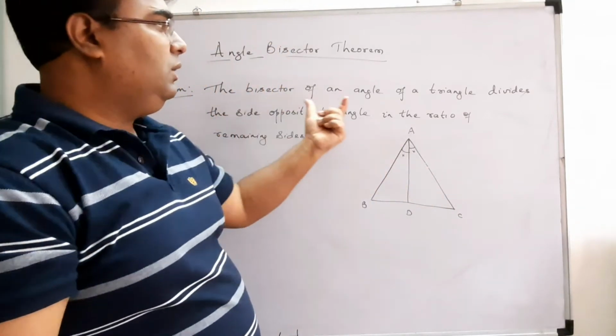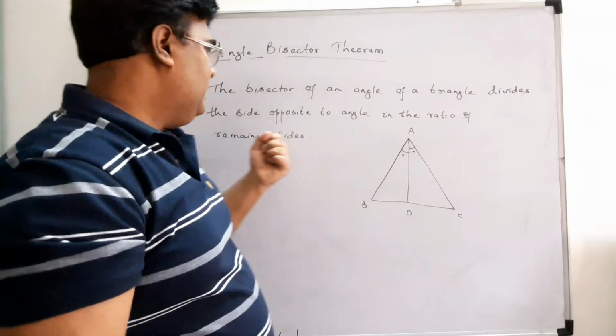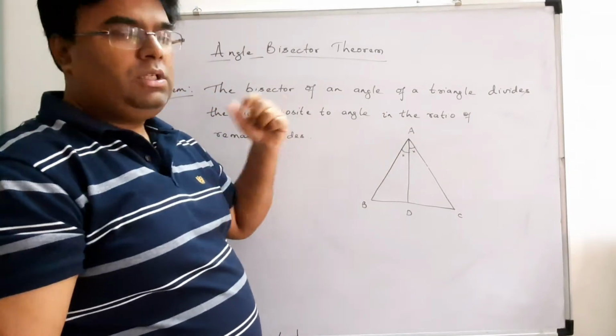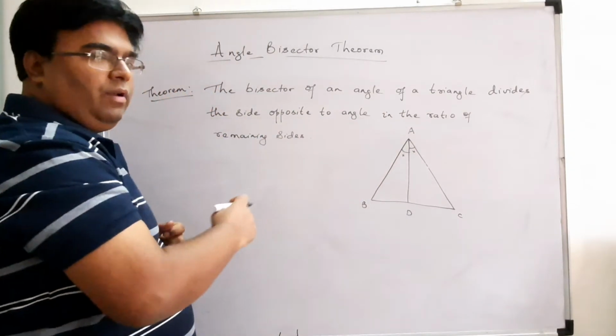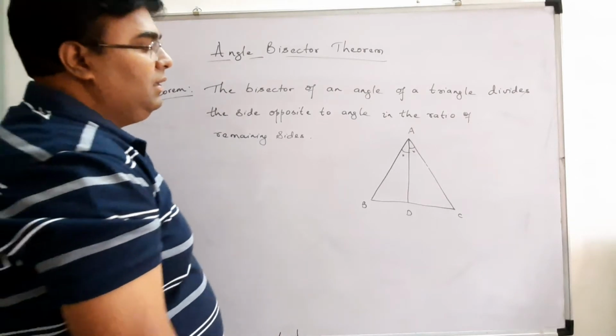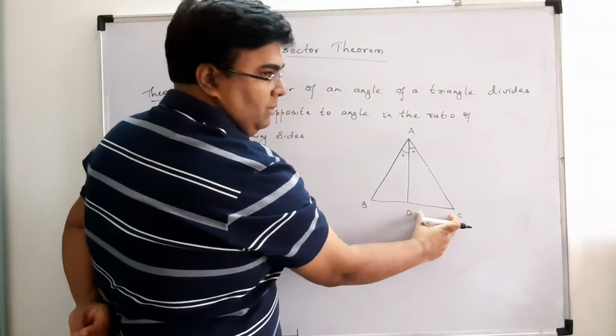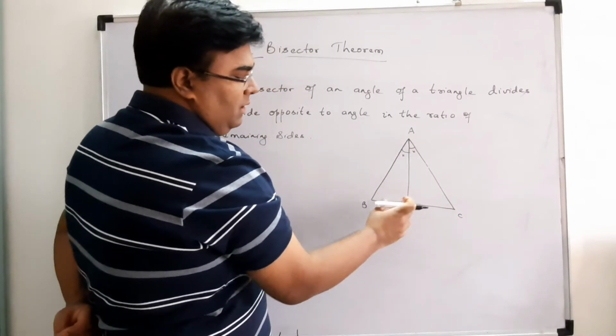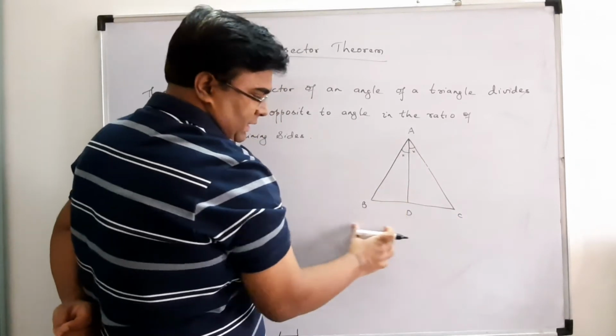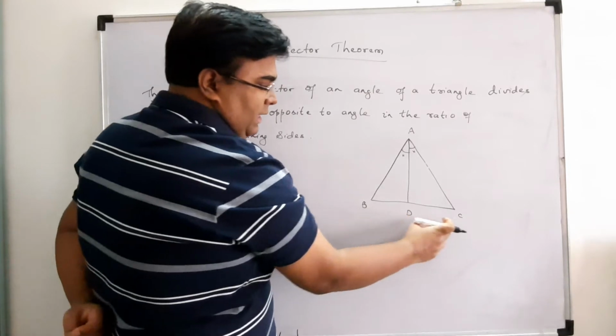The bisector of an angle of a triangle divides the side opposite to the angle in the ratio of the remaining sides. What is the meaning of that? This angle bisector is dividing side BC into BD and DC.